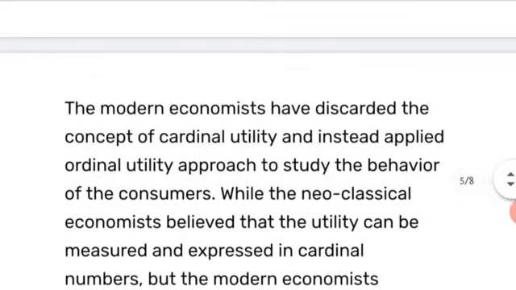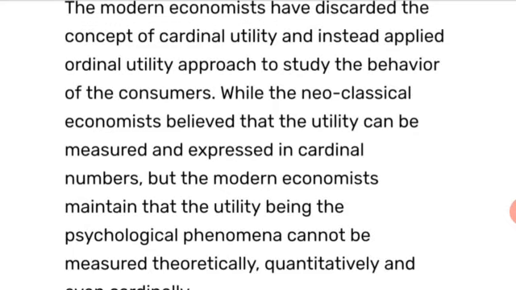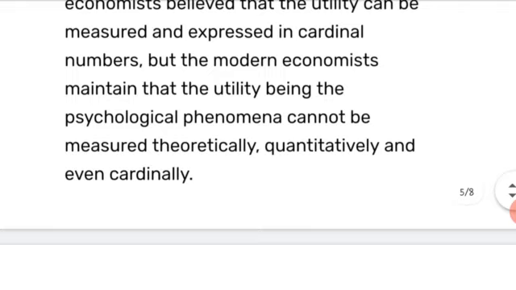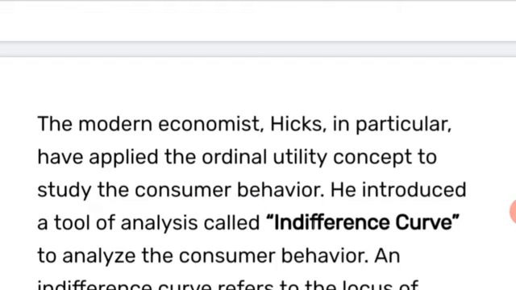The modern economists discarded the concept of cardinal utility because according to them, utility cannot be measured in terms of cardinal numbers, because utility being a psychological phenomenon, we cannot measure it in terms of quantitative elements. The modern economists, Hicks in particular, have applied the concept to the study of consumer behavior, and so he introduced the tool known as indifference curve.